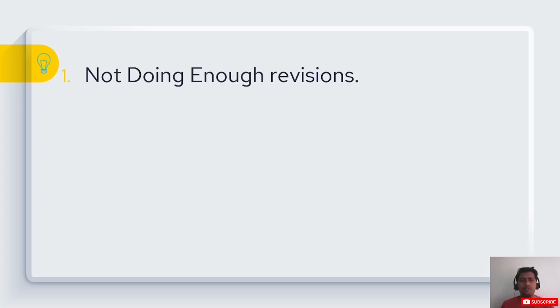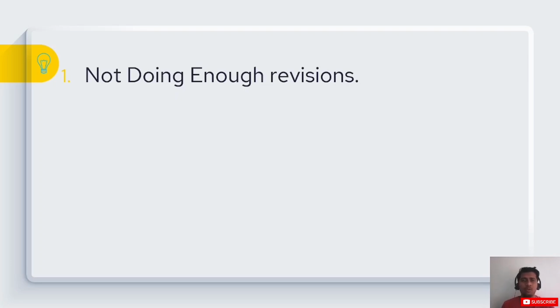So two to three revisions is a must for the content. And for CPIM part two, the volume is huge, so you need to plan your revision very strategically. You need to take out separate time for the revisions.